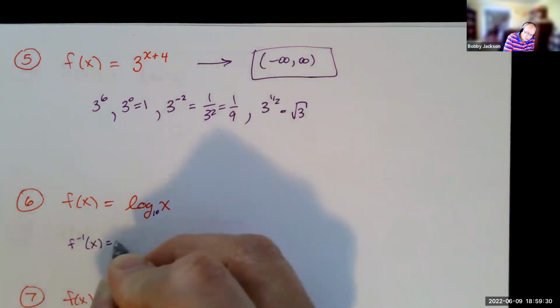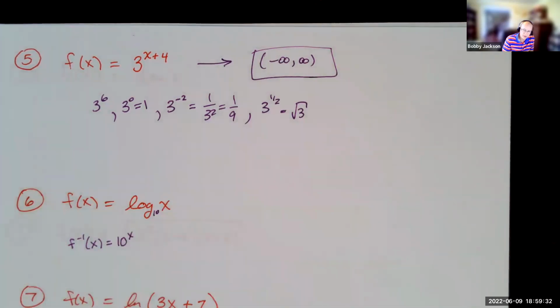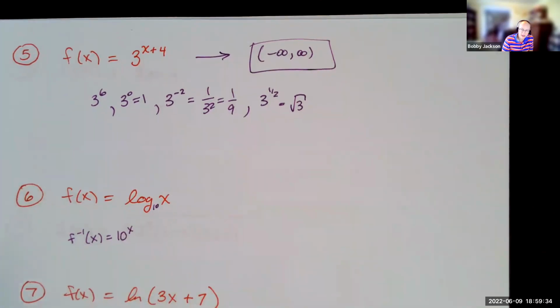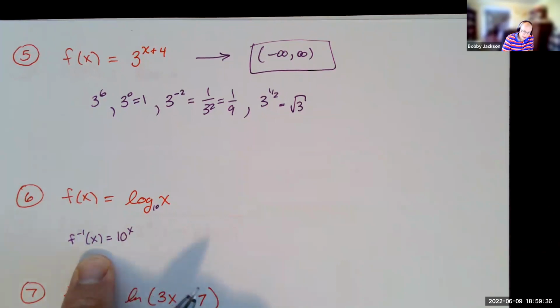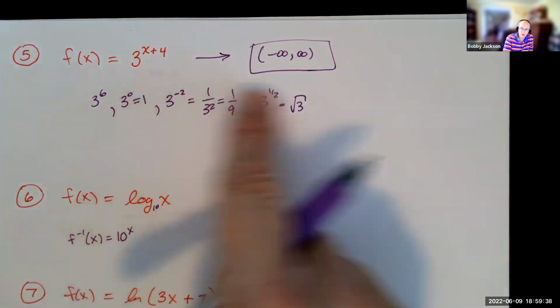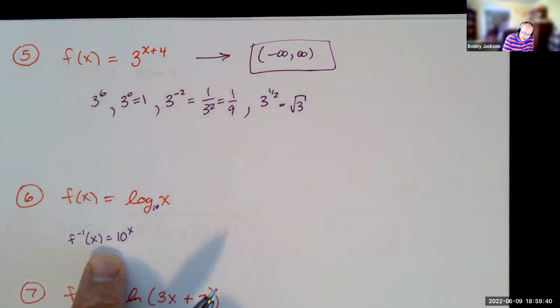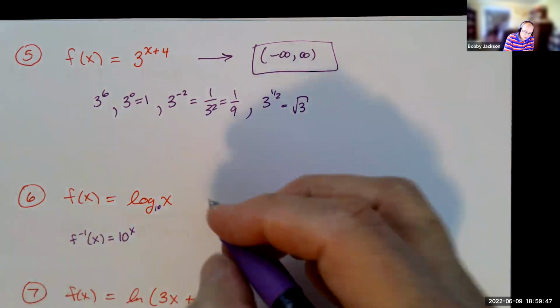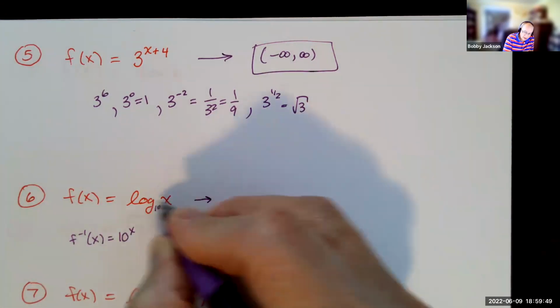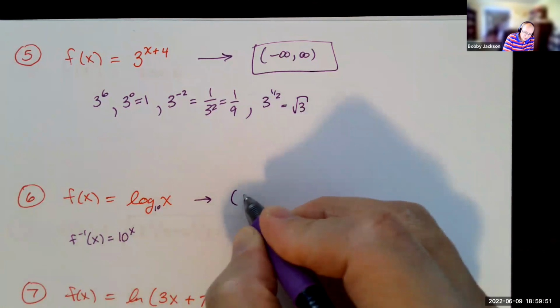The inverse function would be 10 to the x. These are inverse functions, log of x and 10 to the x. Its domain, again, is all real numbers, like the one up here, but its range is everything greater than 0. And so here, for the logarithmic function, the values of x have to be greater than 0.